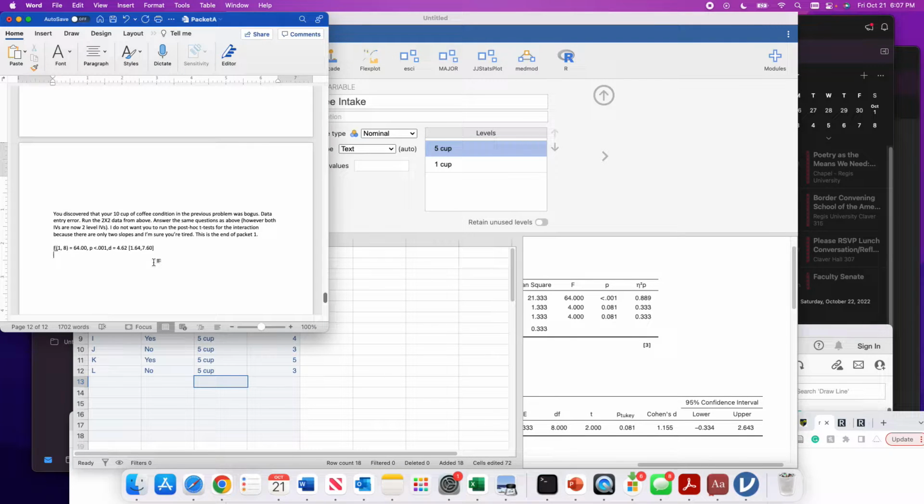So for that, F with 1, 8 degrees of freedom equals 4.00, p equals 0.081, d equals 1.16 with 95% confidence interval of negative 0.33 and positive 2.64.